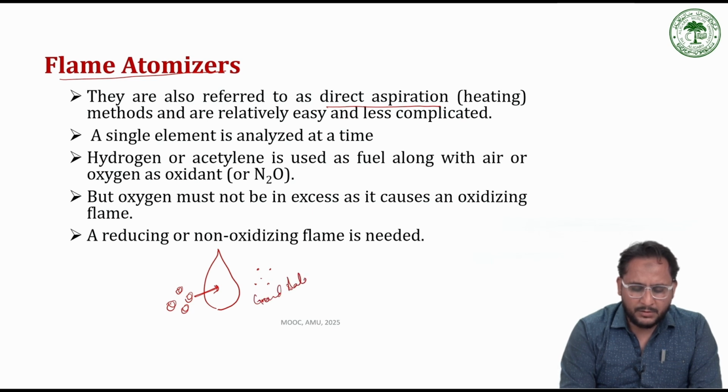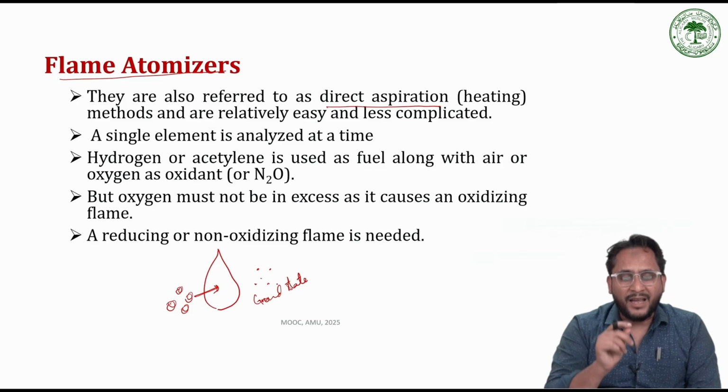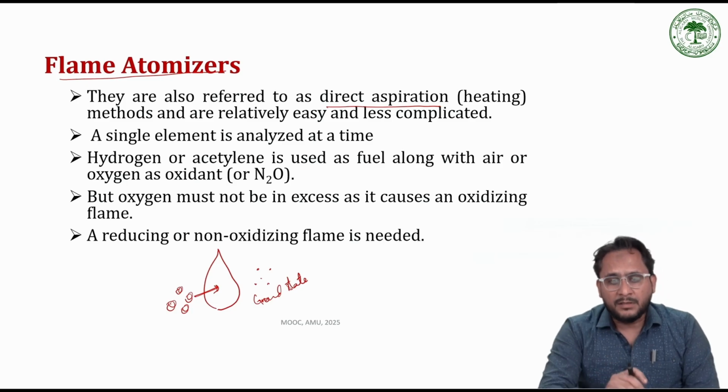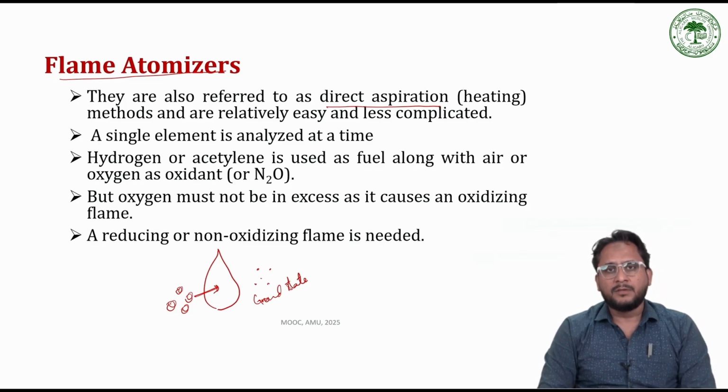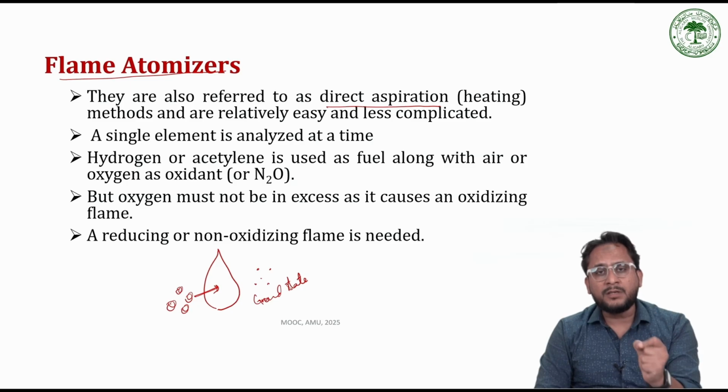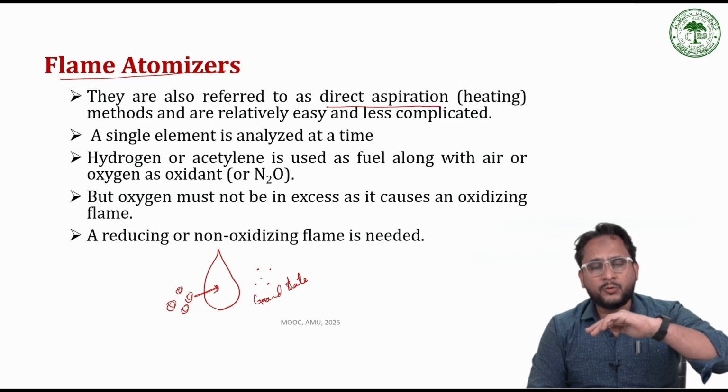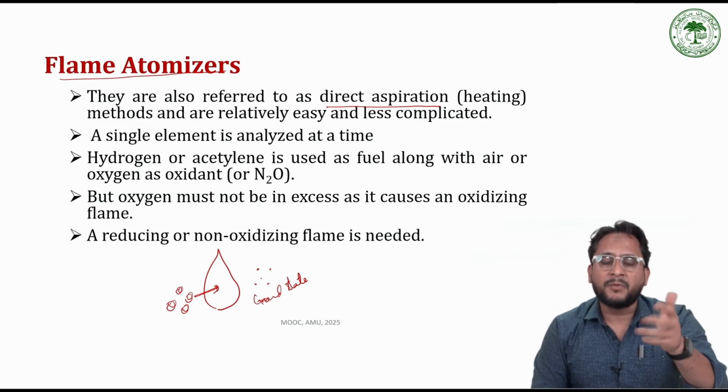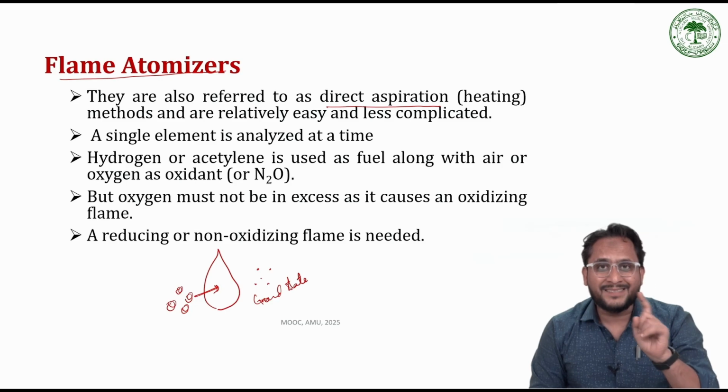Remember one thing, students, we do not excite the atoms during atomization. We only convert them from molecules to individual atoms in vaporized state. We do not excite those atoms.